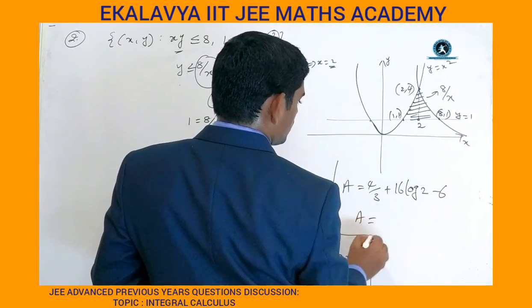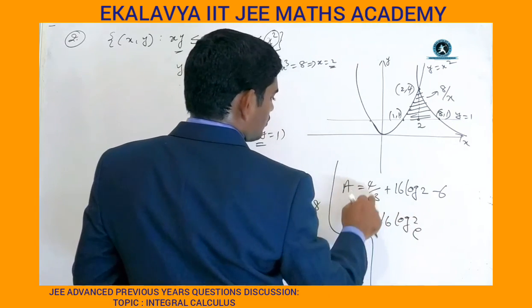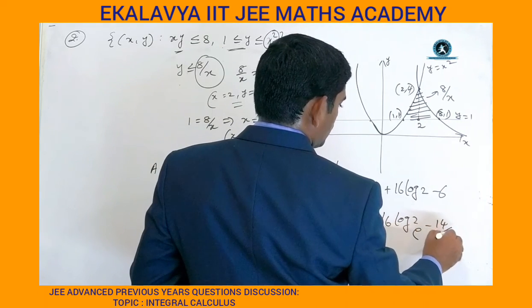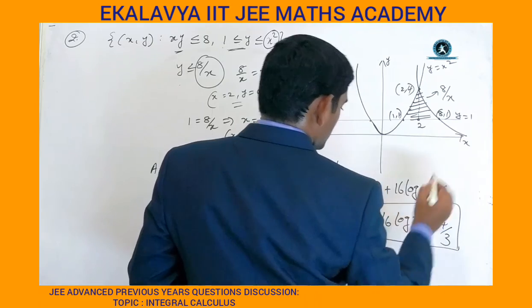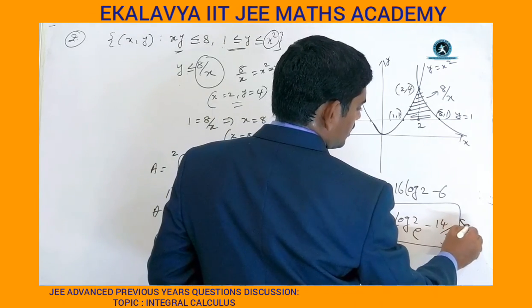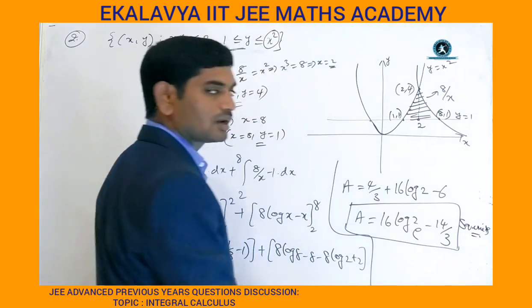Then A is equal to 16 log 2 base e, and 4 by 3 minus 6 is minus 14 by 3. So the area is 16 log 2 base e minus 14 by 3 square units. This is the correct answer.